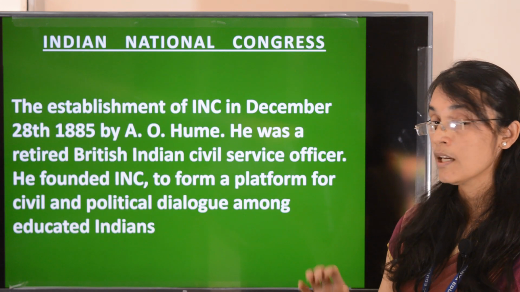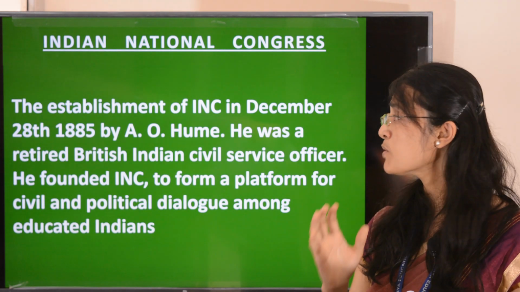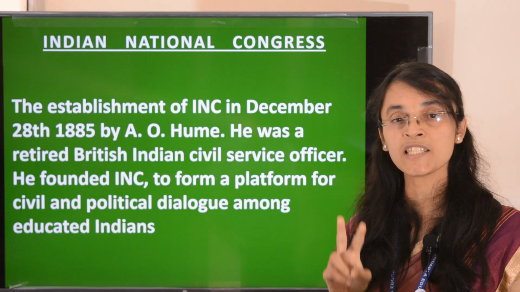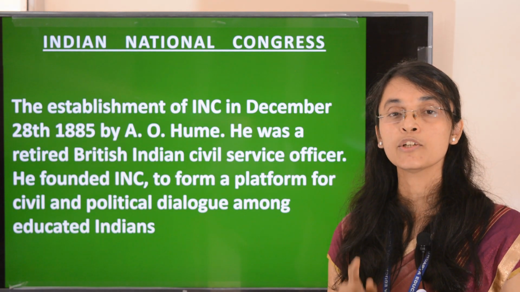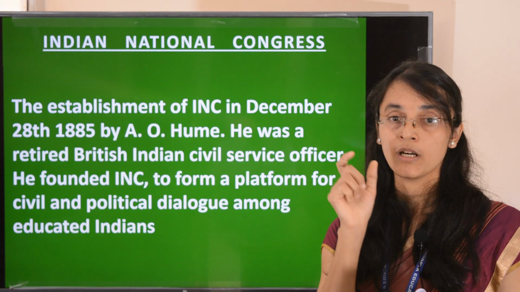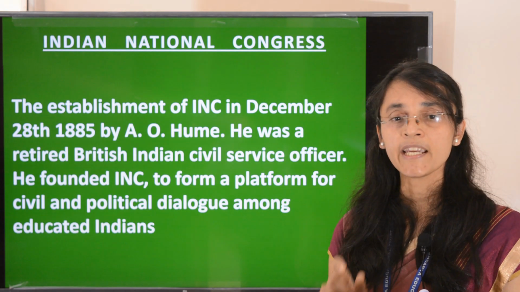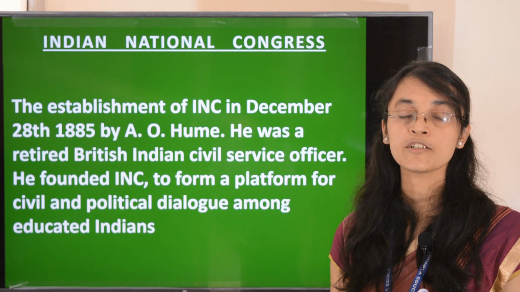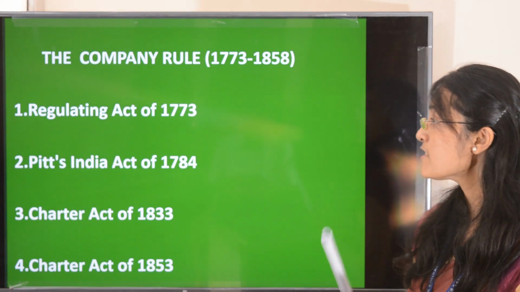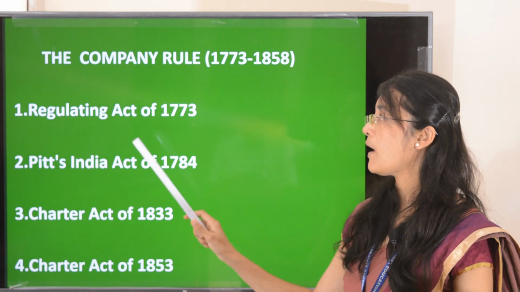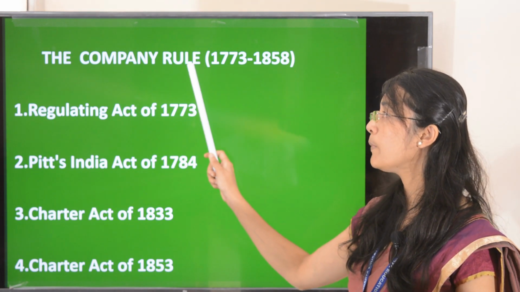See students, here the acts passed by the British government are classified into two types. One is acts passed during the time of company's rule, and the second is acts passed during the time of crown rule. First, acts passed during company's rule.